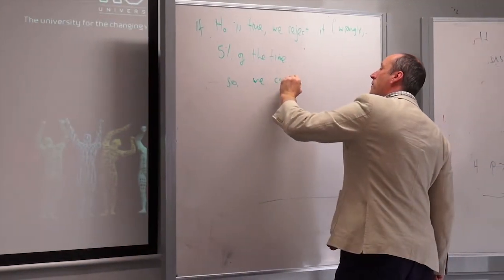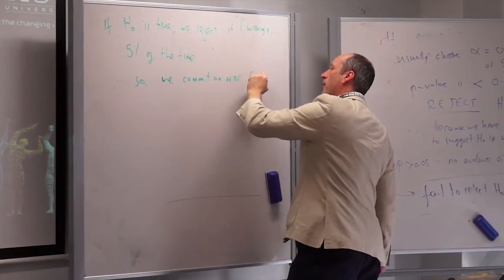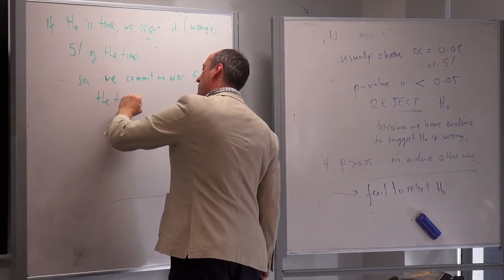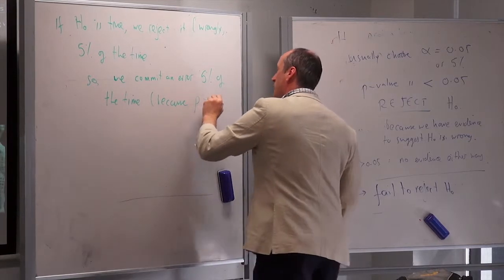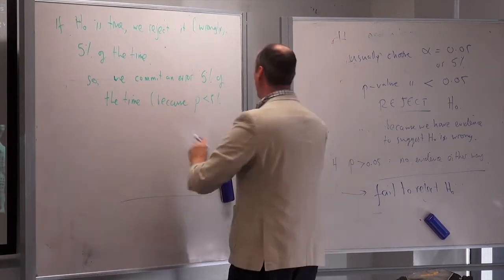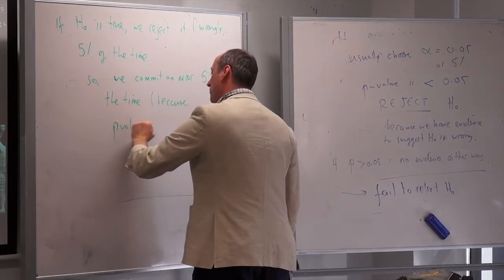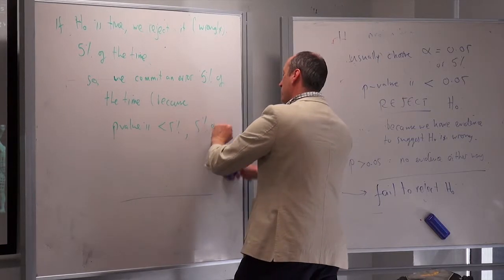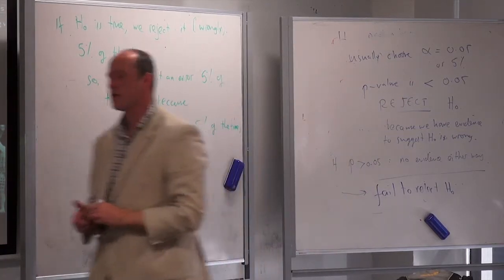We commit an error 5% of the time, because your p-value is less than 5%, because that's how we set up the test.